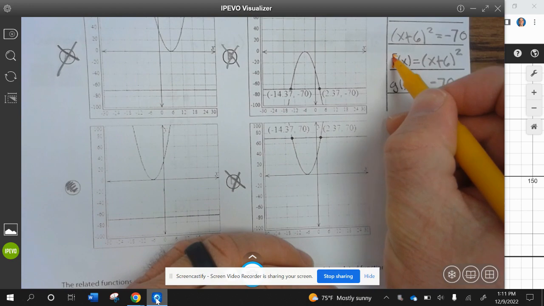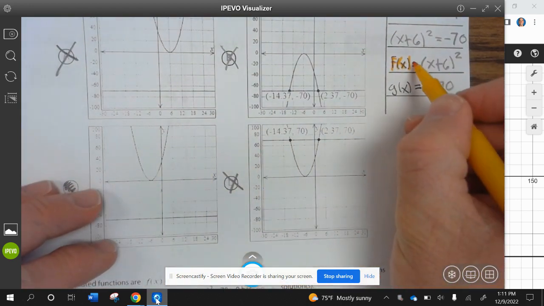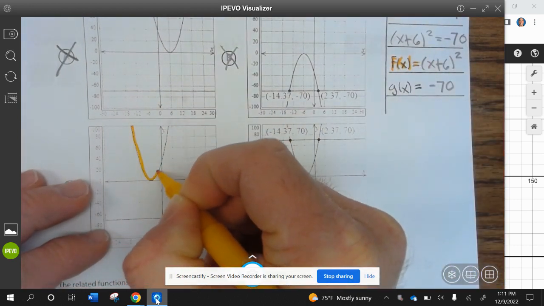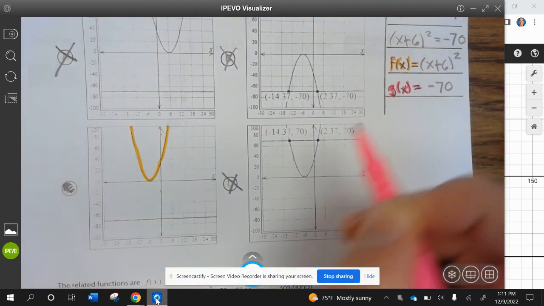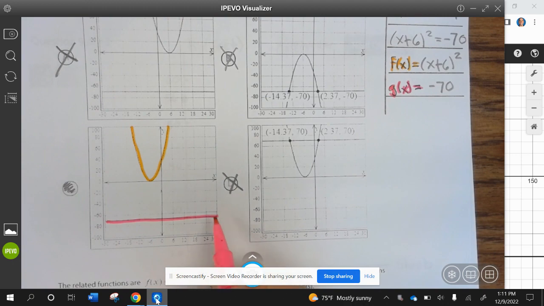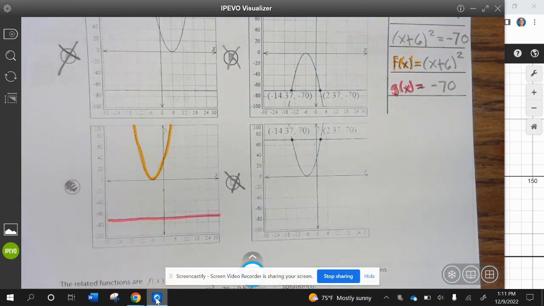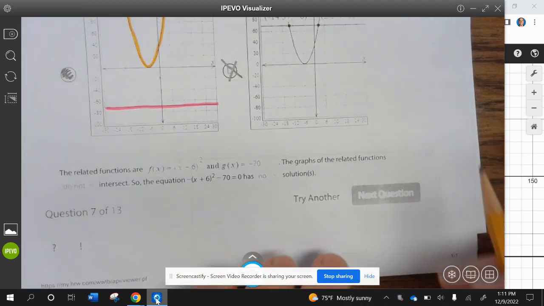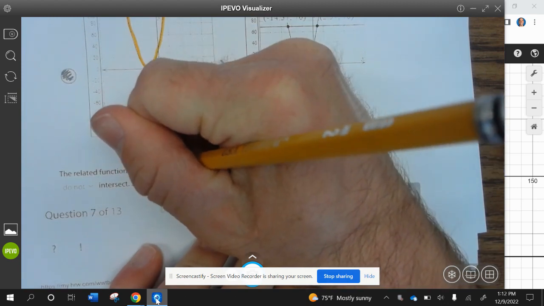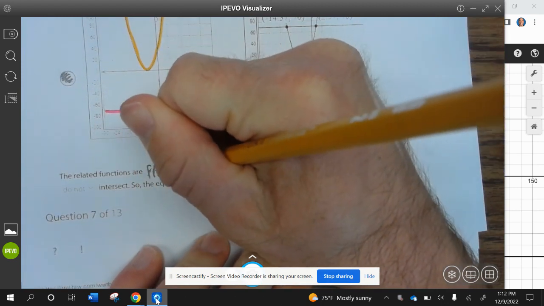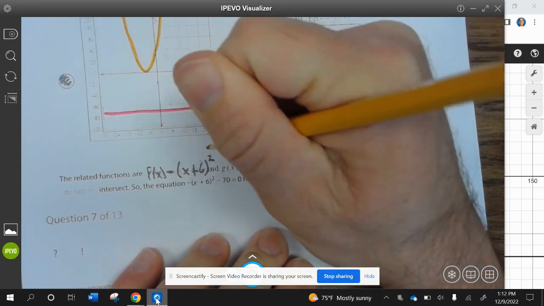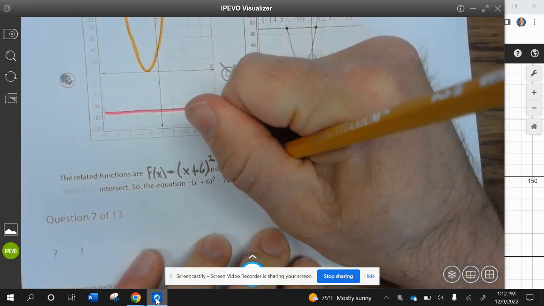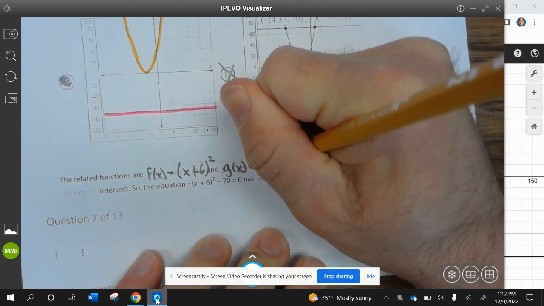So we have f of x right here, and g of x right here. All right, so the related functions are f of x equals (x plus 6) squared, and g of x equals -70.